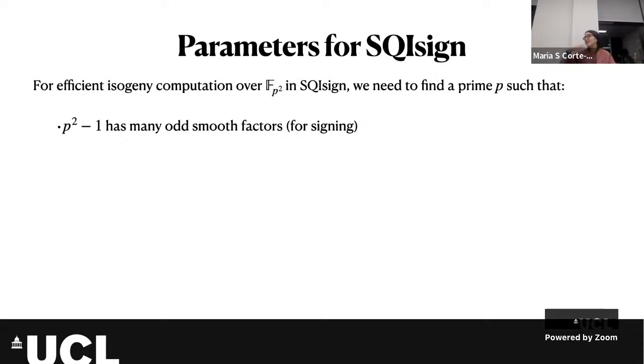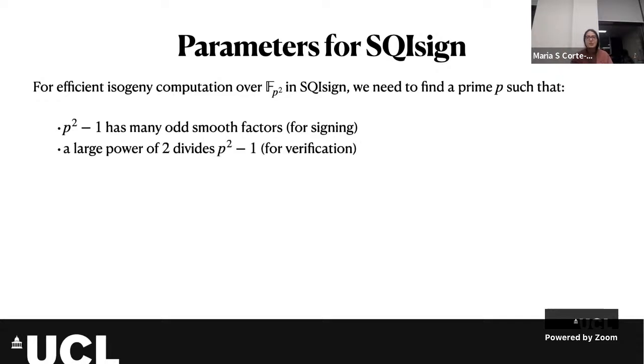For efficient signing, we want p²-1, where p is the prime we're working with, to have many odd smooth factors. By smooth, I mean that they're divisible by small prime factors. So the smoother the odd factors of p²-1, the faster signing will be. Similarly, we want a large power of 2 to divide p²-1 for fast verification. The larger the power of 2, the faster verification will be.